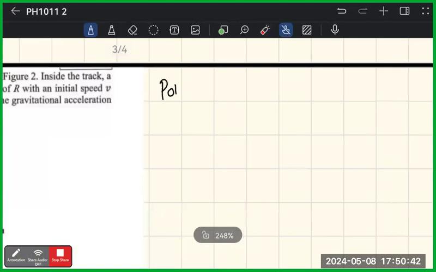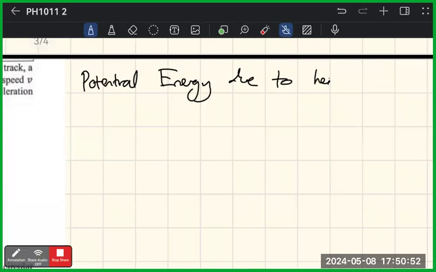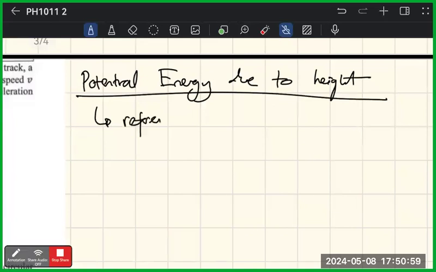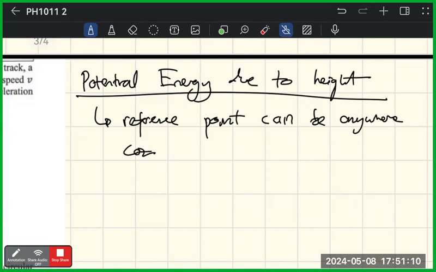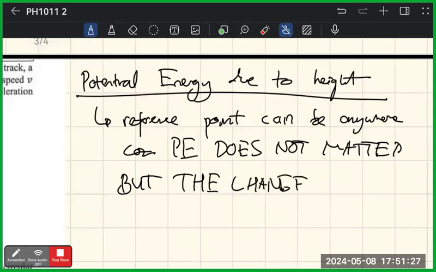For the potential energy due to height, your reference point can be anywhere, because the PE itself does not matter, but the change of the PE does.